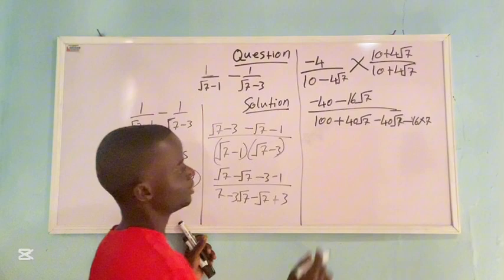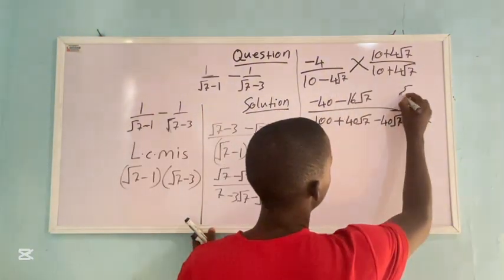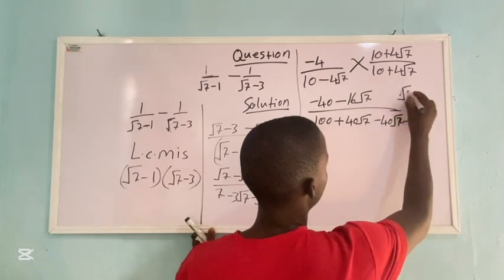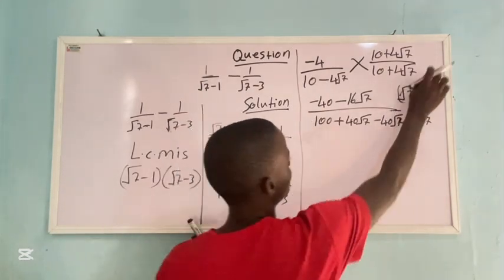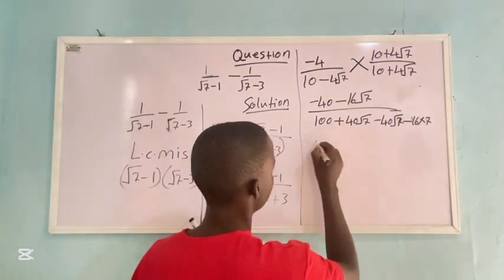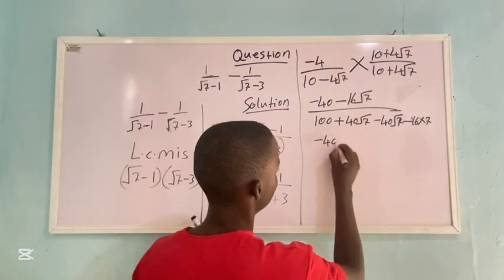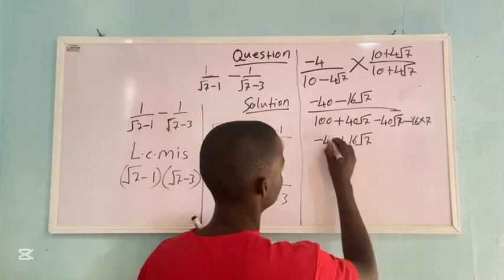According to what I said, root 7 and root 7 is like a square, and the square will cancel the root, so we'll be left with only 7. That's why I have 7 here also. We are going to have minus 40 plus 16 root 7.